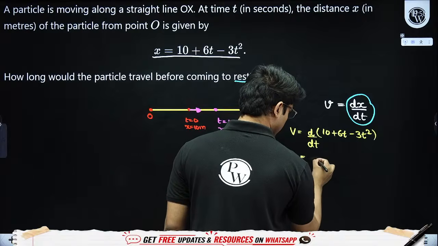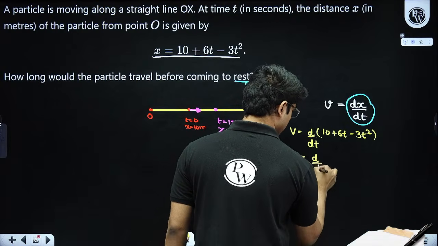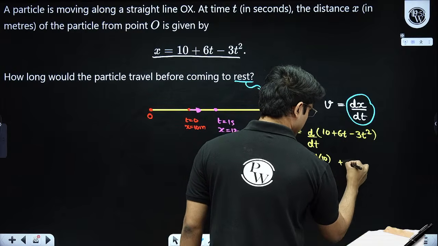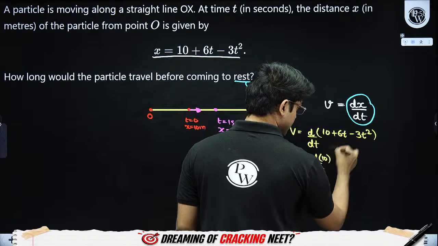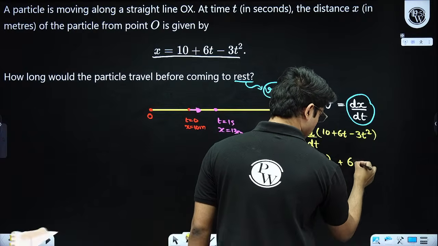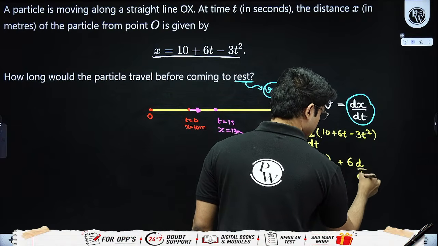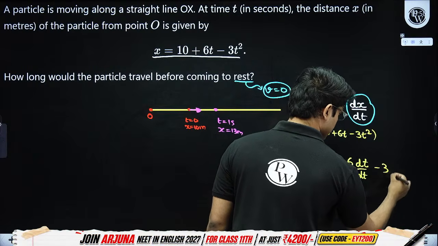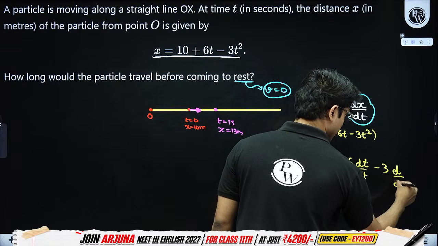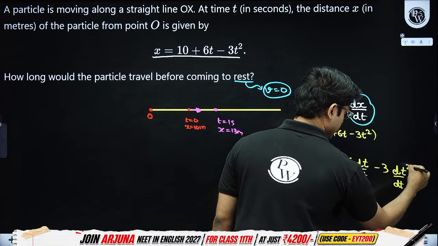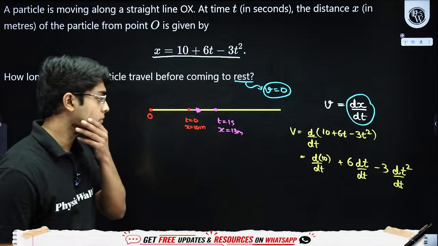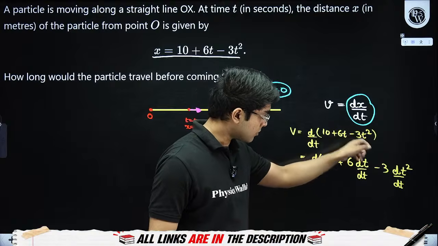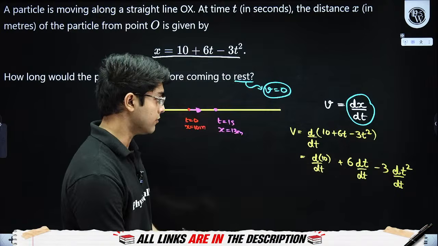This will be split into 3 terms: d by dt of a constant which is 10, then d by dt of 6t, where the constant 6 you can take outside, into d by dt of t, and minus 3 is a constant, and d by dt of t square. The constant 6 you can take it out, and here the constant is minus 3, that also you can take out of the differentiation.